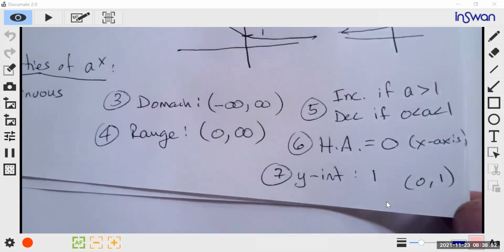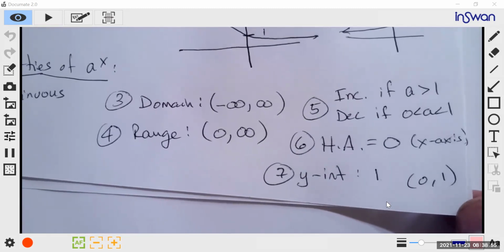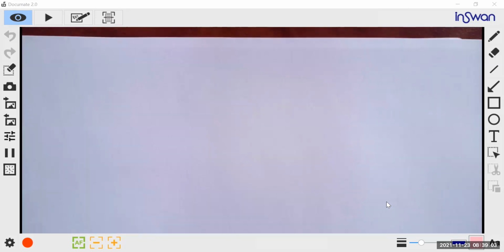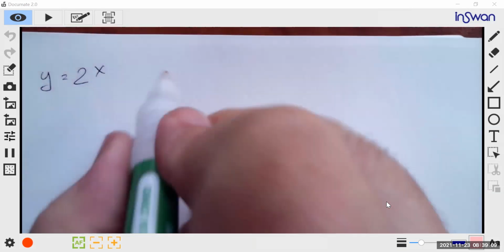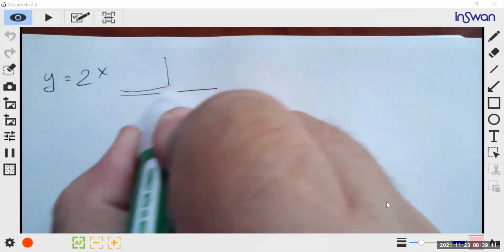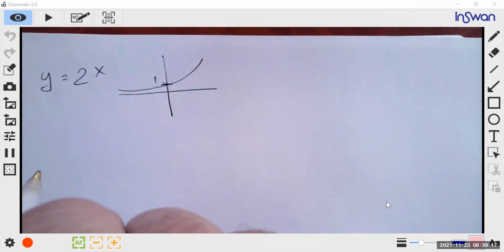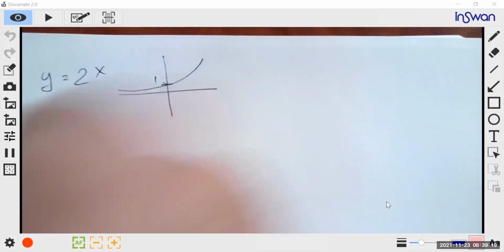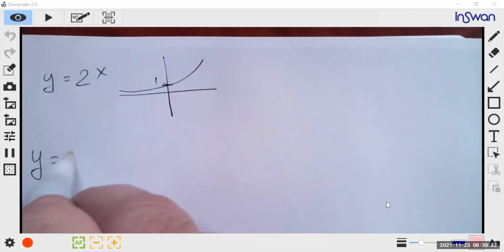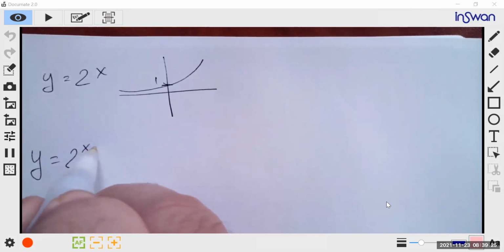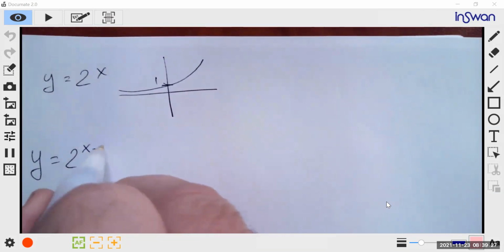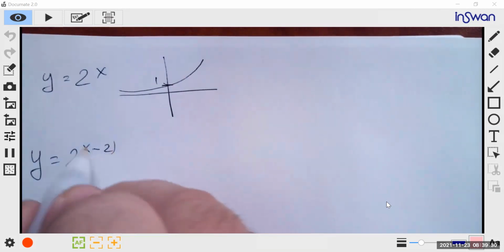Transformations occur the same way we've been talking about in the past. So the graph of 2^x looks like this and crosses through 1. If I have 2 to the power x minus 2, that belongs together.